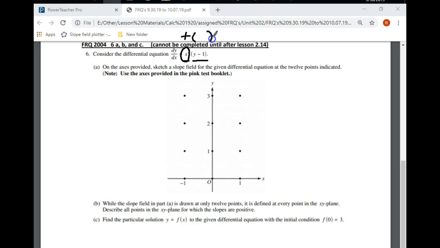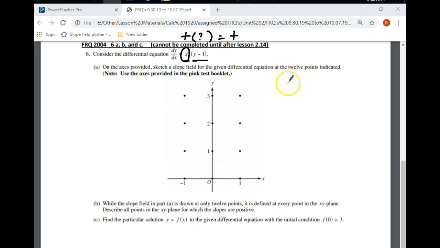And we're multiplying that by something, y minus 1, and we want to know how it will be positive. Since this piece is always positive, the question here is what values of y will make it so that when you multiply these, you end up with a positive.